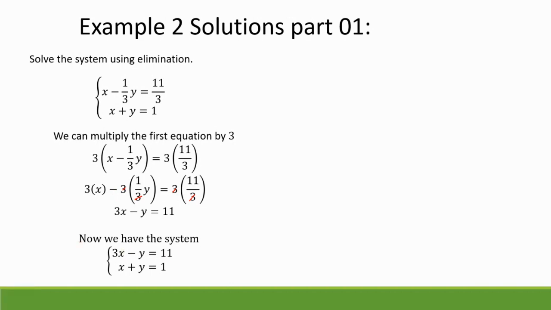Now that's only changing the first equation. So now the system becomes this, as you can see. You want to eliminate a variable. So I say solve by elimination. But hopefully it's easy to see what you can do.